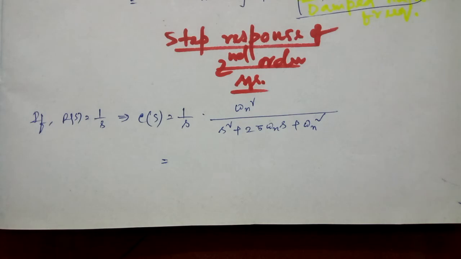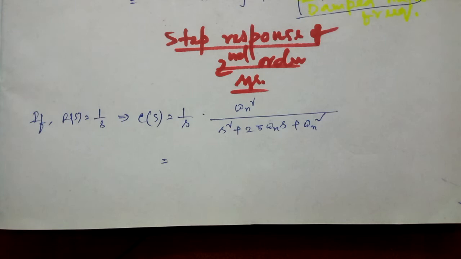The step response of second order system, this analysis is most important and most common. In the examination you will find all the questions from step response, and in this same video I will discuss the delay time, rise time, settling time, everything in case of step response of a second order system, and direct questions are being asked from this topic.